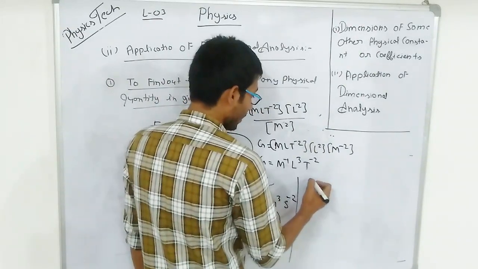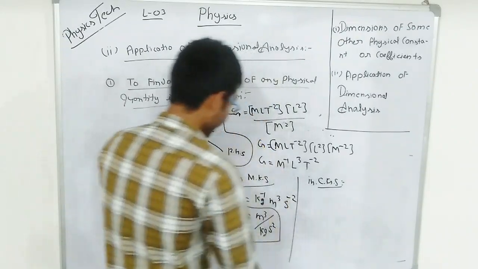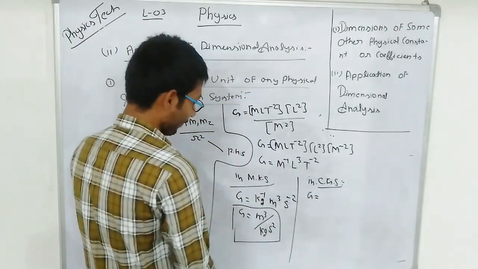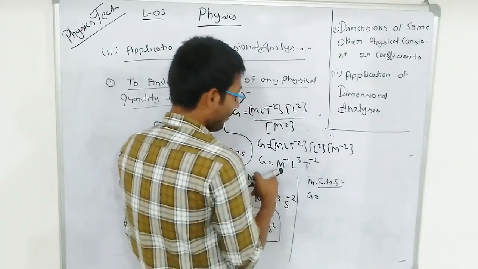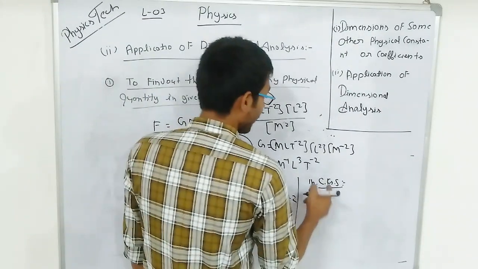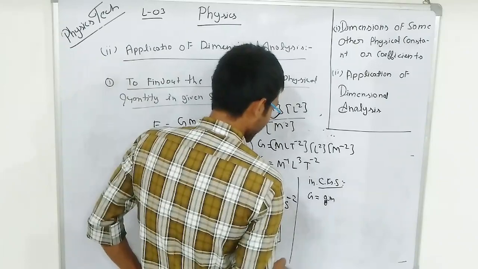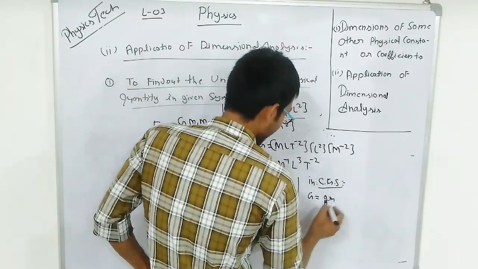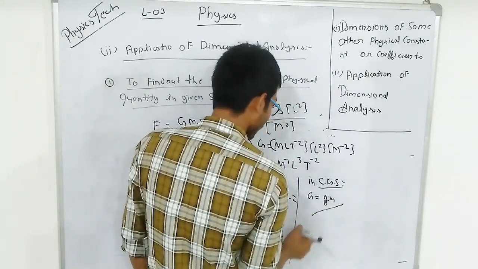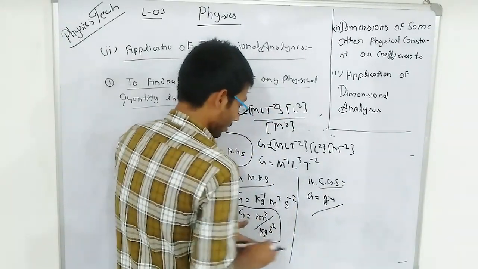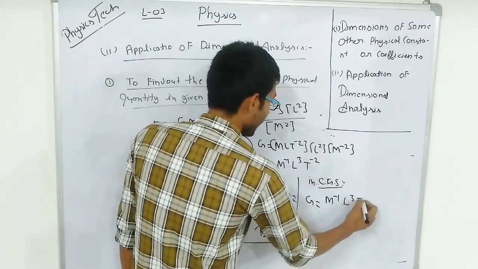And now what is the unit in CGS system? In CGS system, G is equal to M base minus 1, L base 3, T base minus 2.